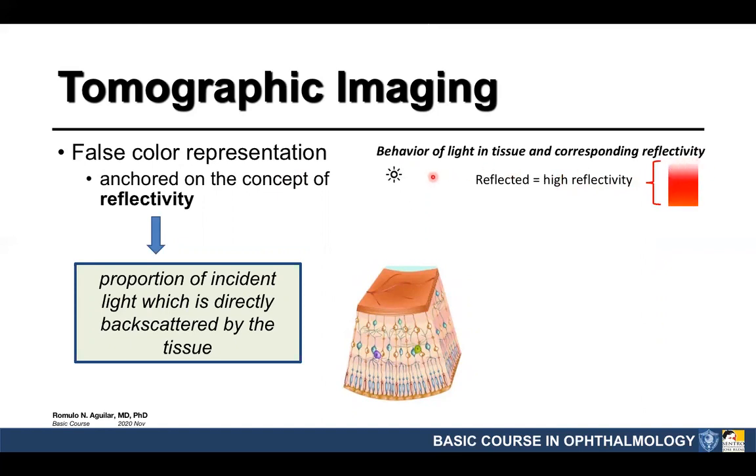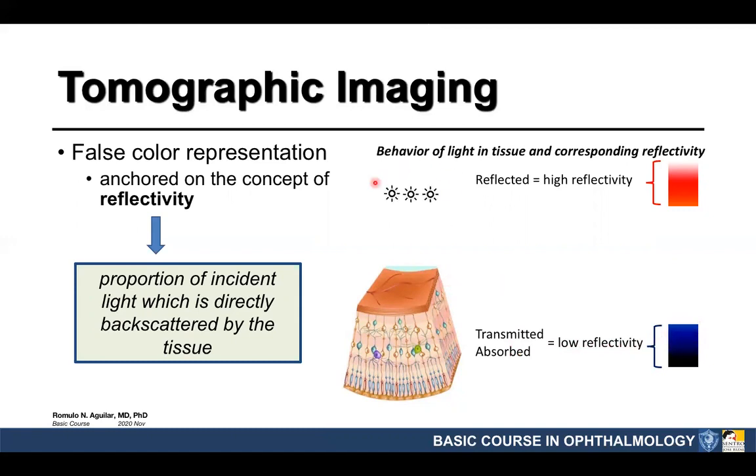But light can also behave differently. It can go through tissue undisturbed, and we call that transmitted light. Or light can actually go into tissue and disappear, and we call that absorbed light. So when there is transmission or absorption, that would have low reflectivity and are assigned the colors black and dark blue.